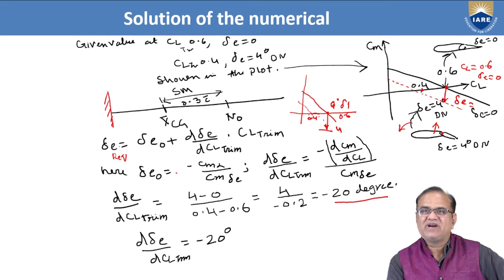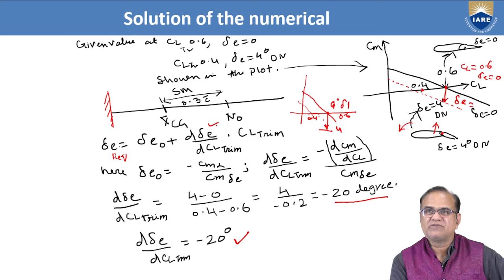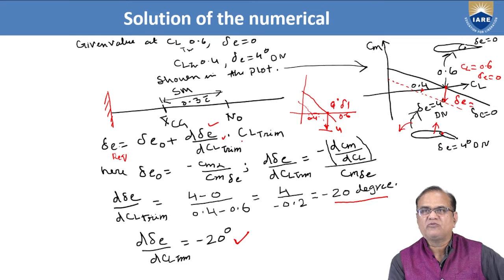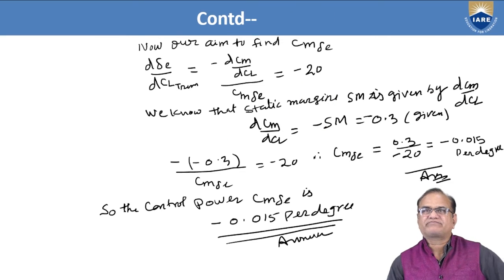Now d delta E by dCL we got as minus 20 degree. So one term of this we have received. Now we have to find the other term with respect to the given condition.